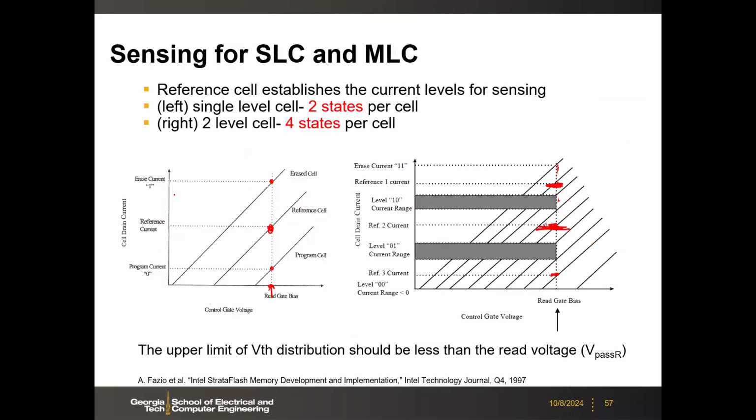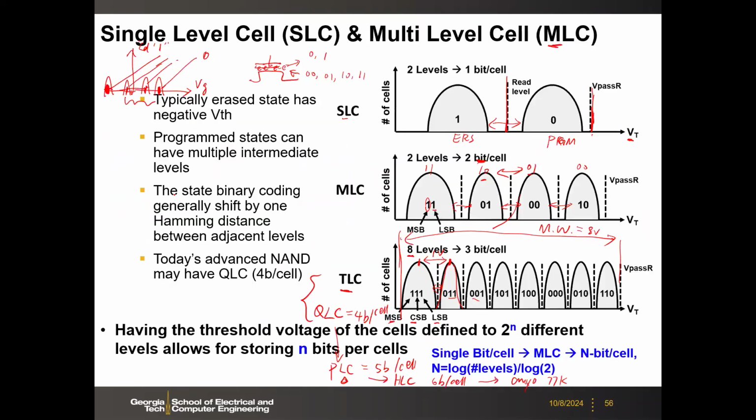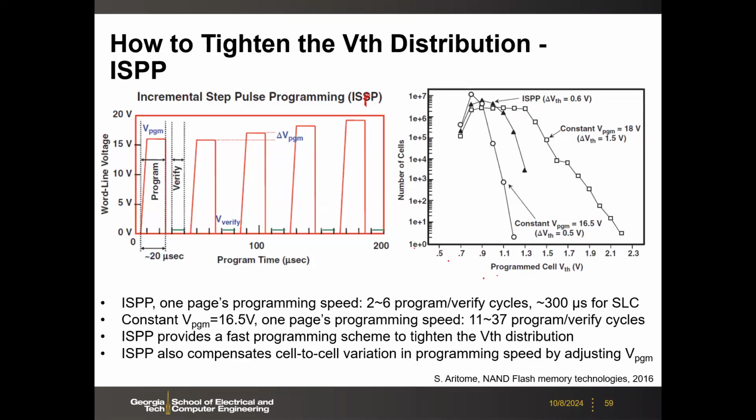You already decide if you do MLC or TLC, so you know the target value, and you know the allowed distribution, or the spread, or the sigma. So you know the targets and the range. Then you program it, read it, and determine whether you reach the target or not. If not, then you continue with the next programming.